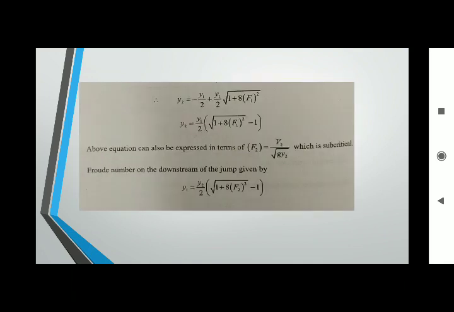Here is the formula: y2 is equal to y1 by 2 into root of 1 plus 8 Fn1 square minus 1. Like that, y1 is equal to y2 by 2 into root of 1 plus 8 Fn2 square minus 1. By using these formulas, I can calculate either y2 or y1, depending on the data given.